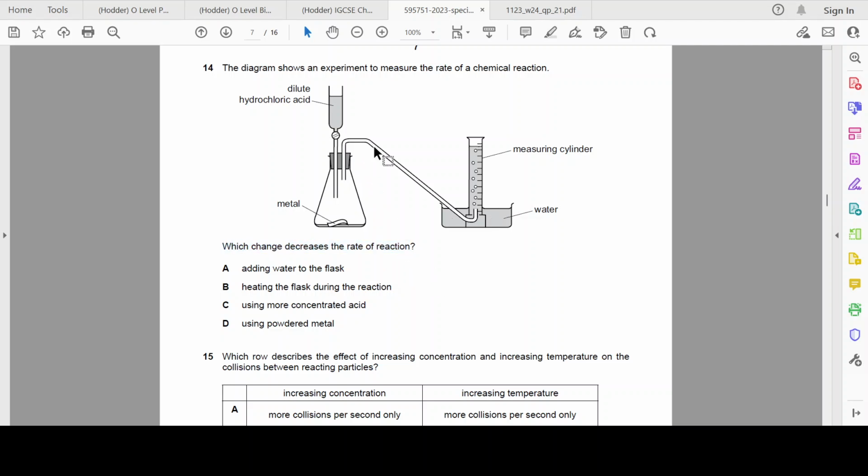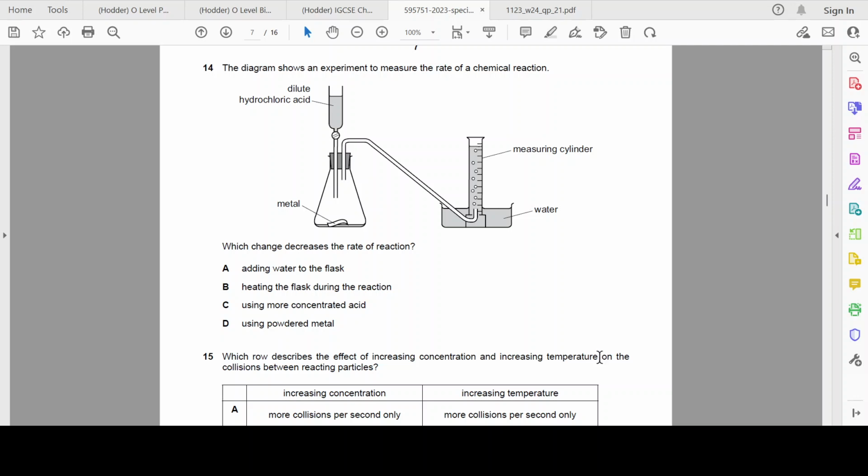So what will you change over here that will decrease the rate of the reaction? Adding water to the flask, heating the flask, using more concentrated acid, or using powdered metal. What will cause a decrease in the rate of reaction?